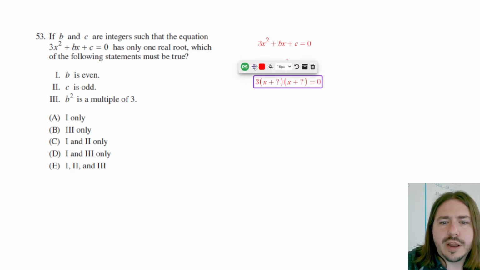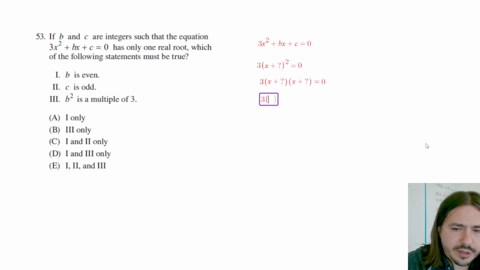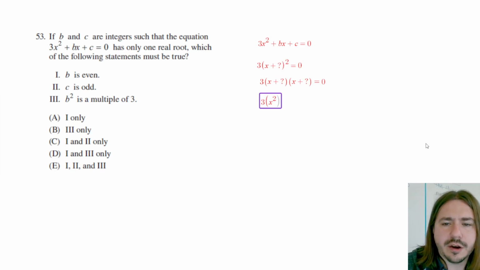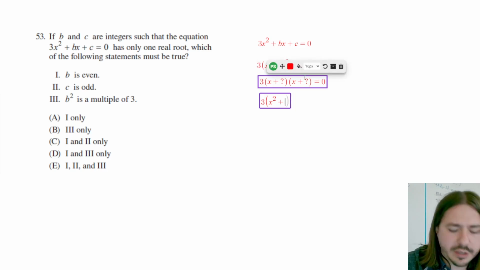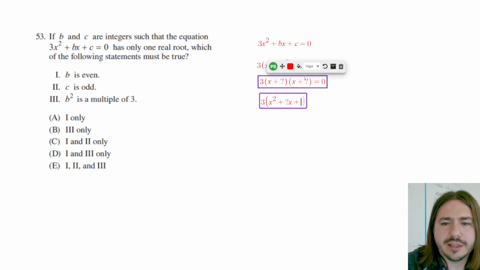Okay, so now if I multiply this together, I'm going to get 3 times x squared plus, now if I FOIL this out, if I multiply x times question mark, I'm going to get whatever that question mark is, x. I'm going to get that twice. And then plus this question mark squared.